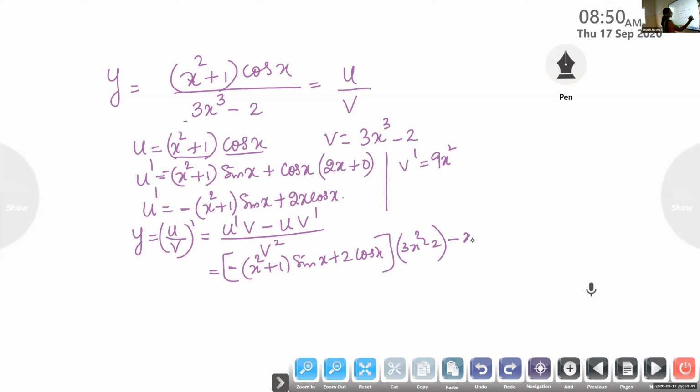U is x square plus 1 into cos x into 9x square, by v square. V is here 3x cube minus 2 the whole square.